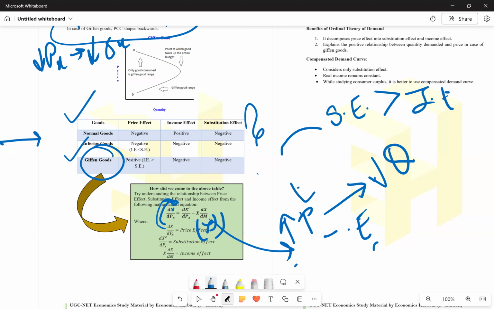So the plus figure is larger and the minus figure is smaller, so the outcome would be a positive figure. As a result, Giffen goods show a positive relationship between price and quantity demanded, and hence a positive price effect.